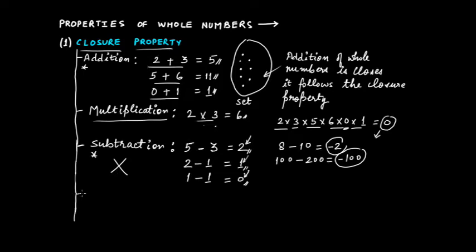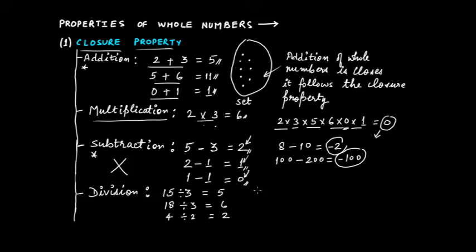Let's do for division. Say you have 15, and if you divide it by 3, then you would get 5. If you have 18 and you divide it by 3, you would get 6. If you have 4 and you divide it by 2, you would get 2.